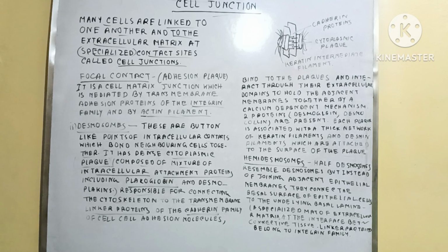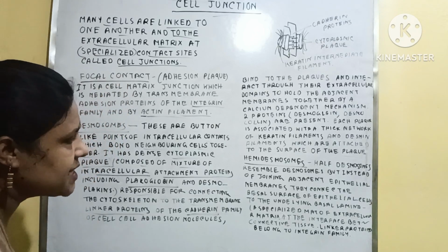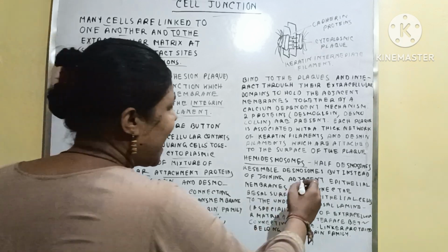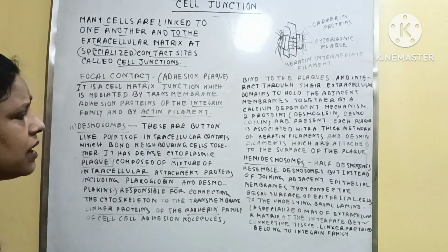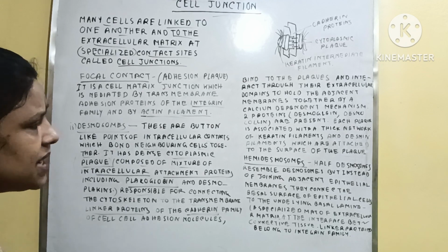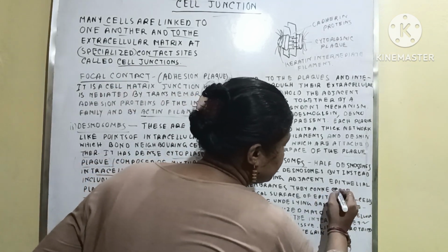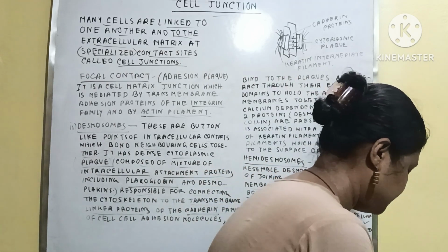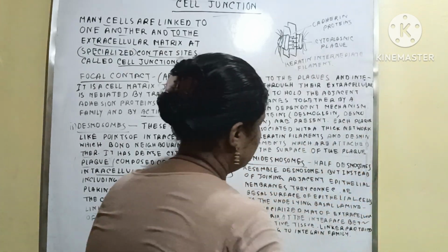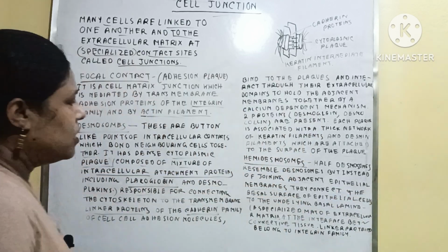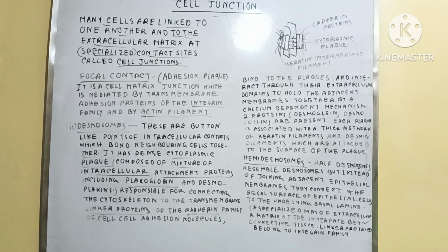Next is the hemidesmosome. Hemidesmosome is just like half a desmosome and resembles desmosomes, but here instead of joining adjacent epithelial membranes, they connect the basal surface of the epithelial cells to the underlying basal lamina.